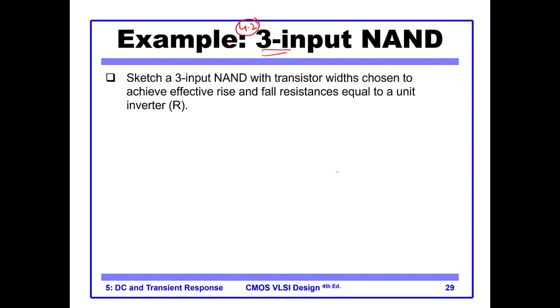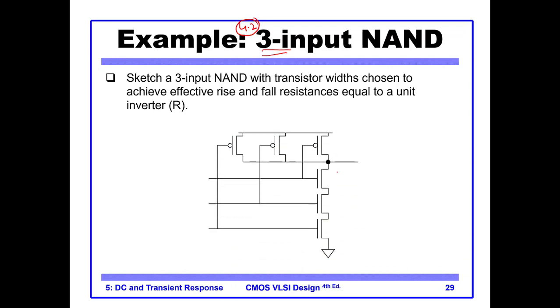Okay, so we know that the 3-input NOR gate is something like this. It has 3 inputs, let's call them A, B, C, and we have an output Y. Okay, so the A input is shorted here, B input is shorted here, C input is shorted here, and we have 3 PMOS.